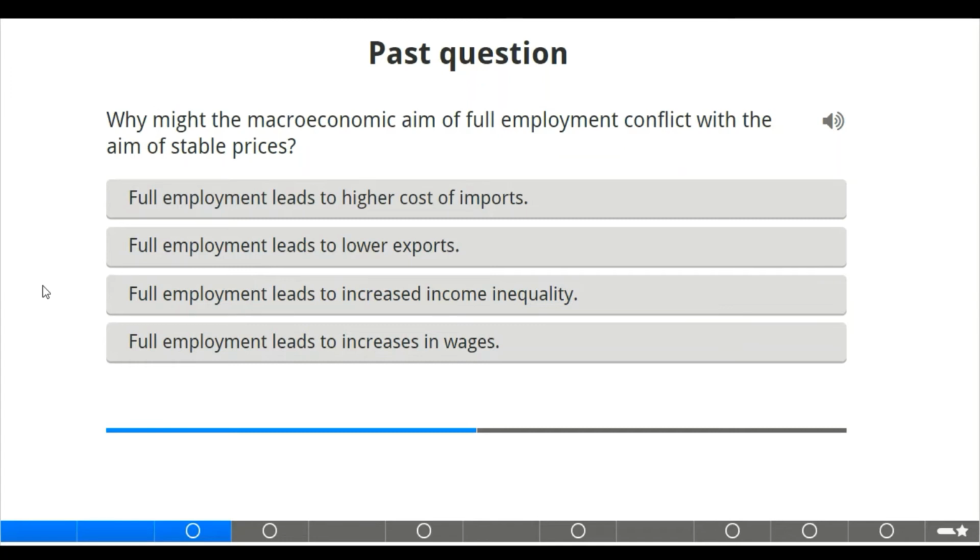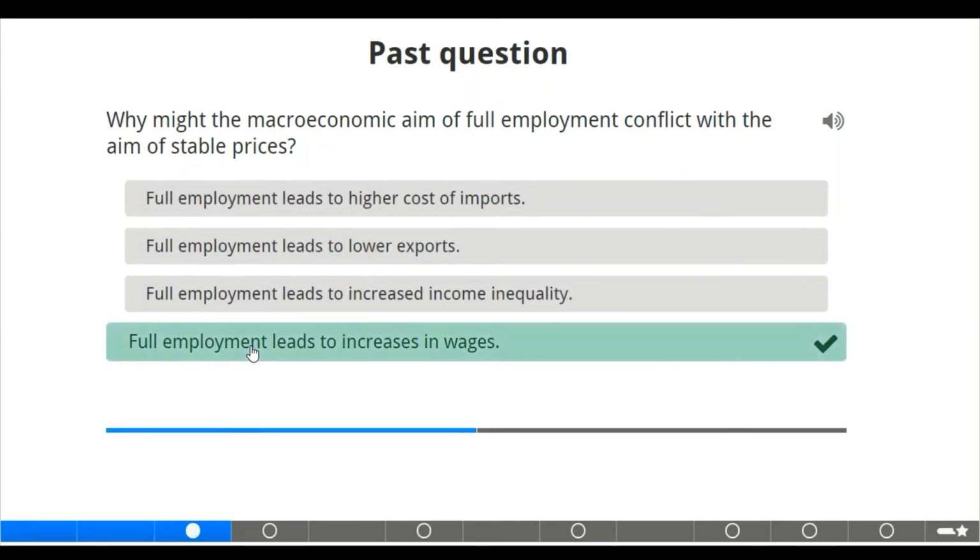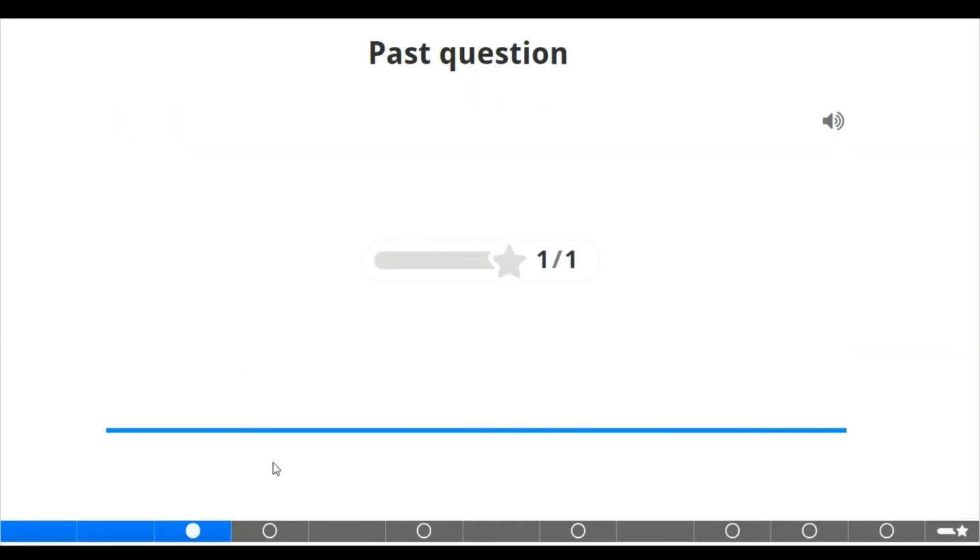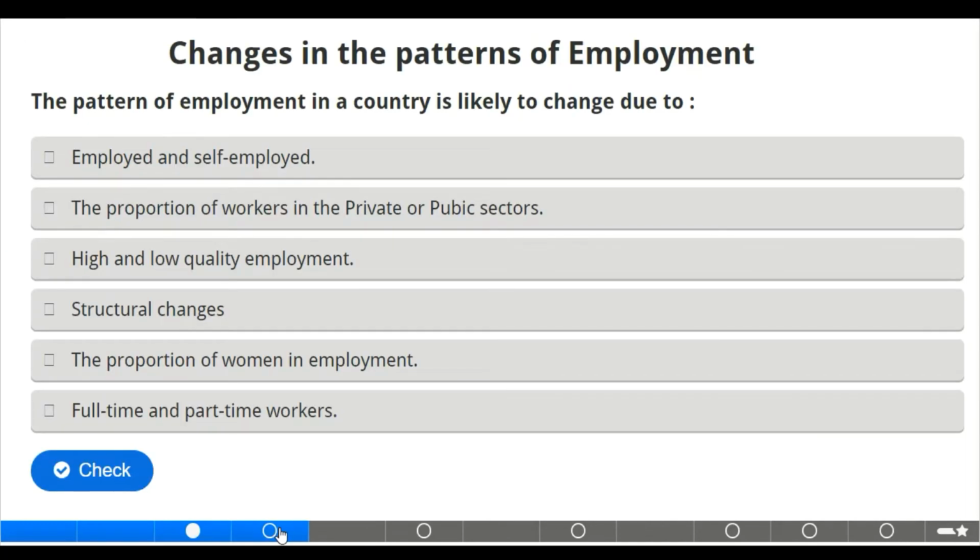Is that so? Full employment leads to lower exports? That's not supposed to be the answer. Full employment leads to increased income inequality, or full employment leads to an increase in wages. Of course, if all the labor force is employed, full employment will lead to increases in wages, that is their pay. Now we move to the next slide.